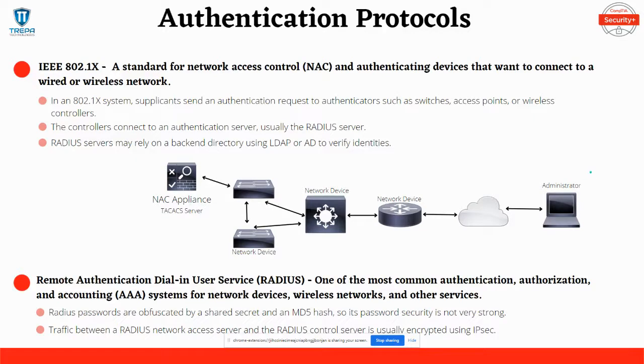Now some more authentication protocols. 802.1x is an authentication protocol we've discussed previously that is an essential component of network access control. In 802.1x, whether it's a wireless or wired network, supplicants, that is an 802.1x term, supplicants like computers, phones, and printers will send authentication requests to authenticators.